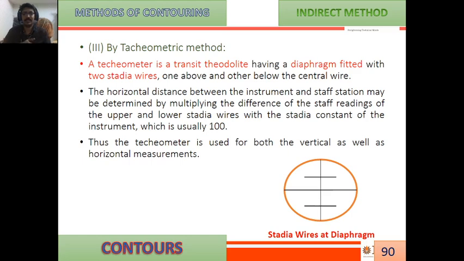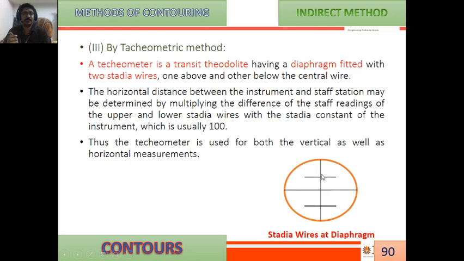And the last one is the tachometric method. This is the method when you are not able to use the chain or tape to measure the distance. The tachometric principle itself can be used directly to get the distance. There we use the tachometric constants, that is, the distance can be obtained by the formula D = Ks + C, where K and C are constants and S is the staff intercept.